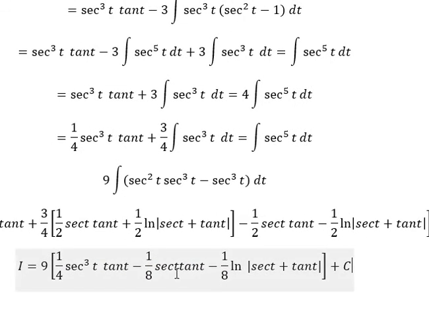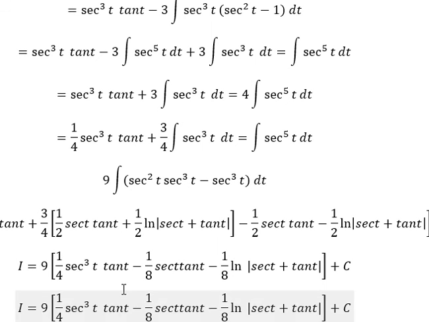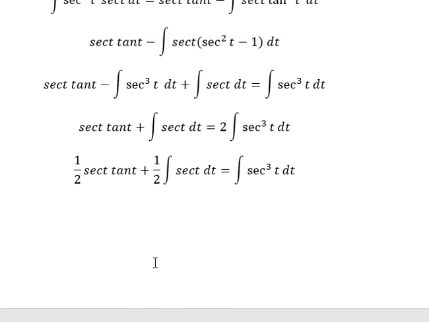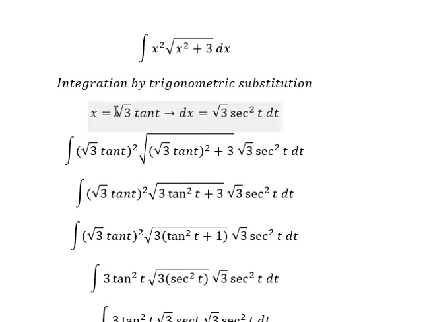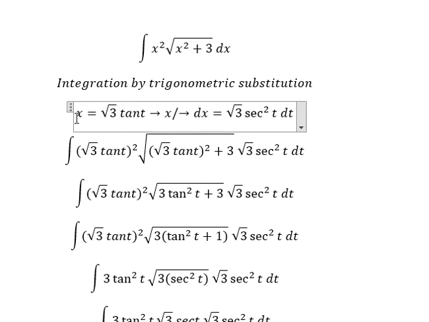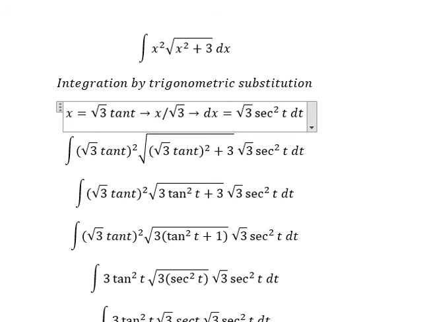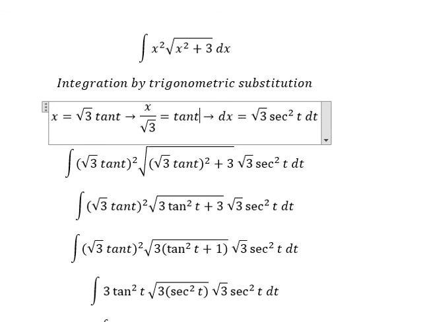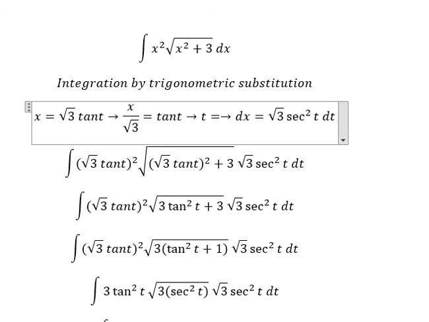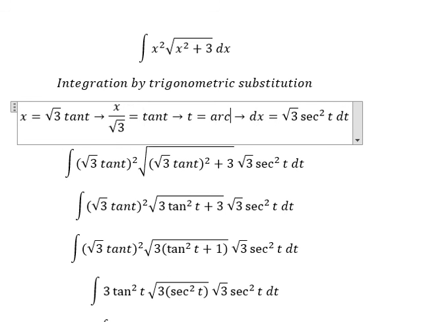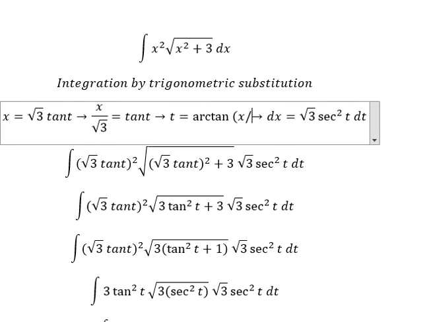And now we change t. About t, that's this one. So we divide both sides by the square root of 3. And we get t equal to arctan of s over the square root of 3.